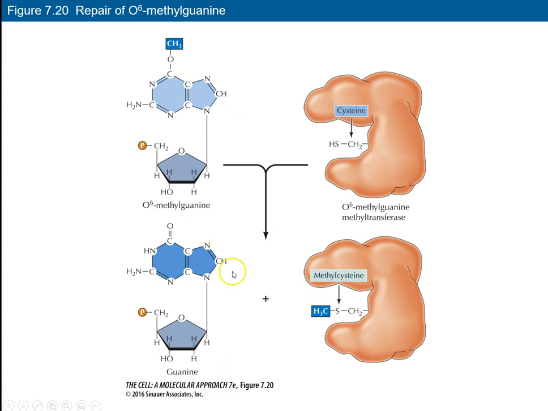Again, I told you in class, you don't need to know this mechanism. You just need to know that this enzyme removes the methyl group, directly reversing that chemical reaction, because it was not supposed to be added and changes the complementary base pairing. This O6-methylguanine does not bind to cytosine, okay?